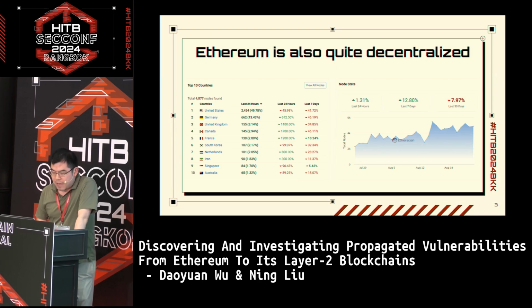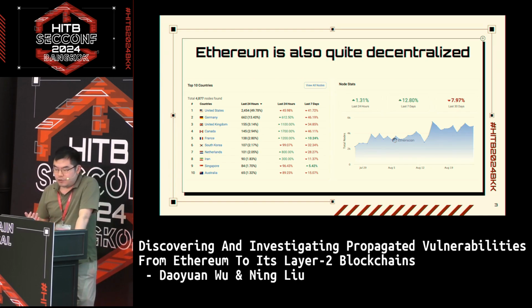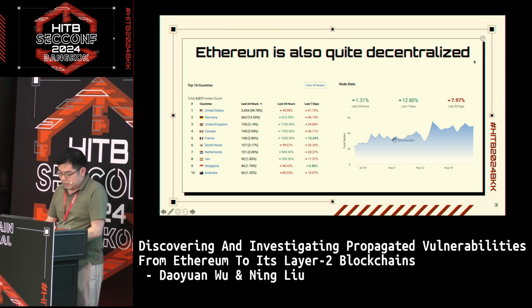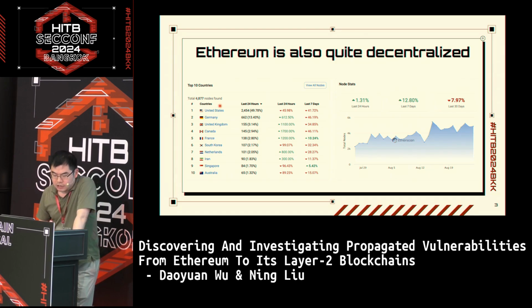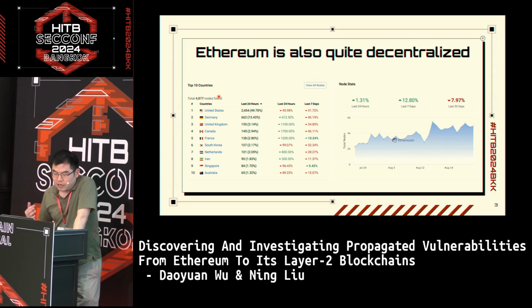Another metric is how decentralized our blockchain is. As you can see in this figure, there are around 5,000 nodes currently running for Ethereum.